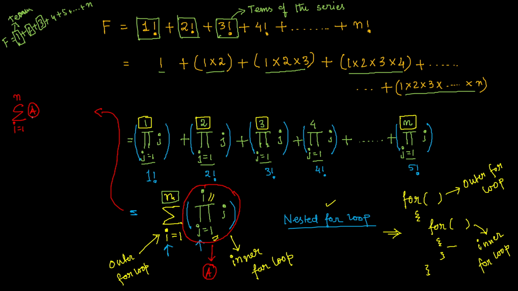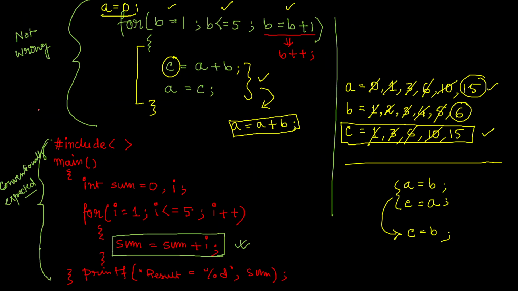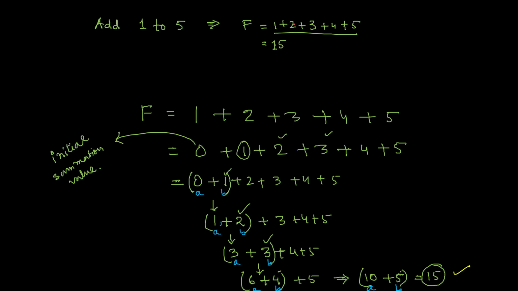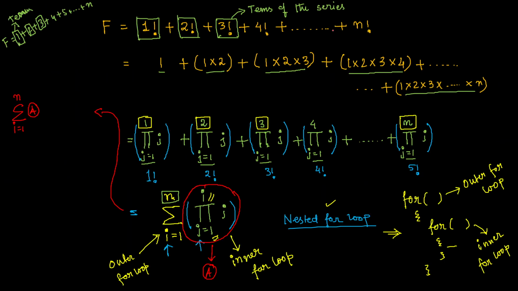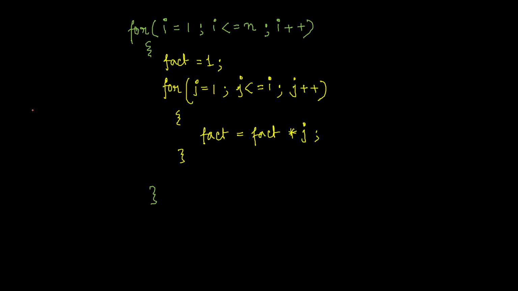Okay, so summation means, for various values of I, the sum of this A term, just like what you have seen over here. For various values of I, when 1, 2, 3, the sum of this term. But here the term is represented by A. And what is the value of A? For some particular value of I, it is what we have found in this fact variable.